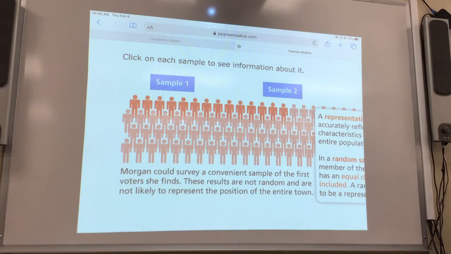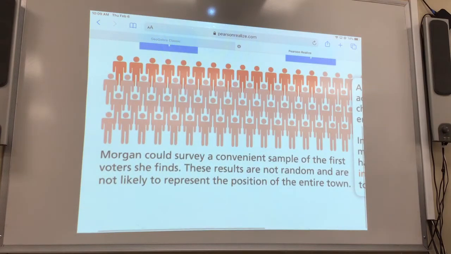Option 2. Morgan could survey a convenient sample of the first voters she finds. Could she just go to a few people, like the first ones that come to her? Yeah, because often if they're in a group, you probably have similar opinions. That's the trouble. If you ask a group that came in a group, usually their answers are going to be the same because if they're together, a lot of times their opinions are the same.